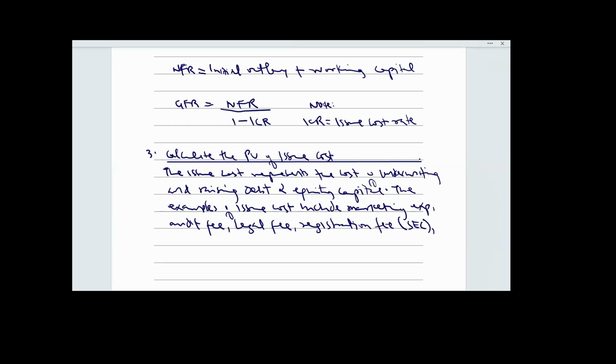Then we also have investment banking fee.